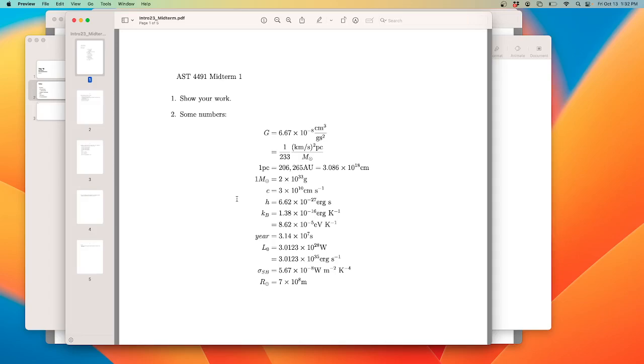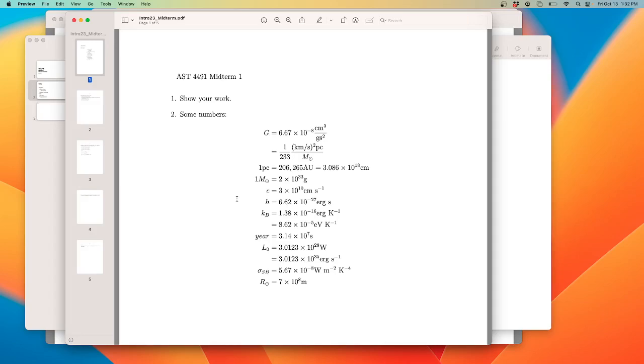It's a similar thing, just instead of using this L naught, we're using the luminosity of the sun and comparing to the magnitude of the sun, which is like minus 4. This is the way you ought to do it. But some people did this, which is also fine as long as you use a solar luminosity and not this number. This number is good for a star with a magnitude of 0, which is a very bright object.